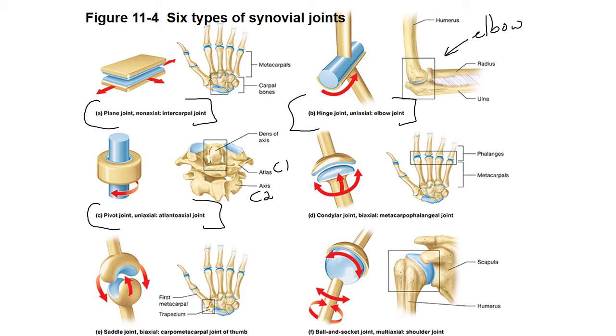And then we have condylar joint, where the distal end of the metacarpals is touching the proximal end of the proximal phalange there. So we have this rounded edge, condyloid, a rounded edge sliding against a concave surface. A saddle joint is a little bit deeper, basically, than the condyloid joint. And then we have a ball and socket joint, which can rotate and spin around all kinds of different directions.